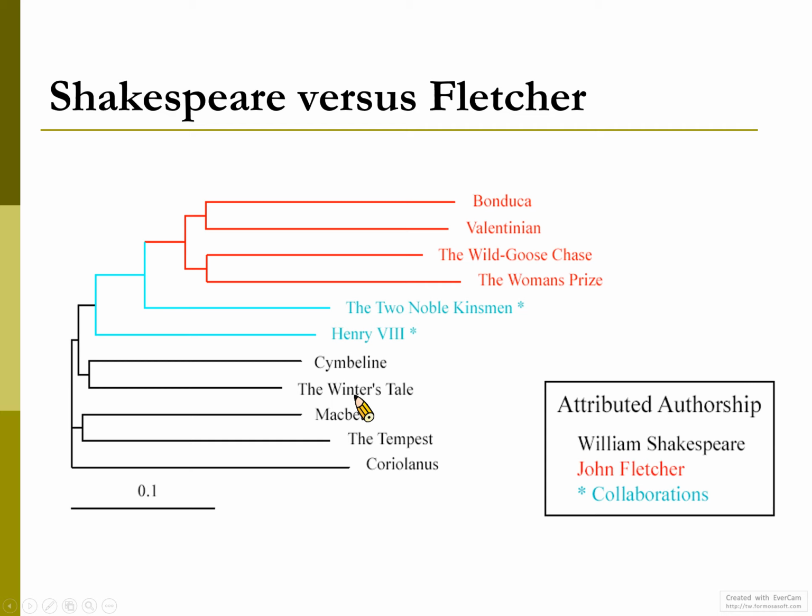Okay, so I also applied this concept to the comparison between Shakespeare and Fletcher. In older times there were also collaborations between authors. In modern times we write papers with different authors. Likewise, in older times playwrights also wrote plays together.